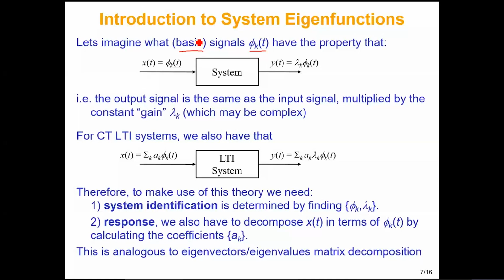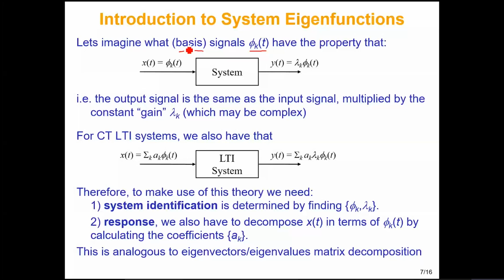Basis functions or basis signals are those which can be used as building blocks. So if you have basis signals, then we can combine multiple of those basis signals and make more complex signals. Or in other words, any complex signal can be broken up, or represented, by these basis signals.